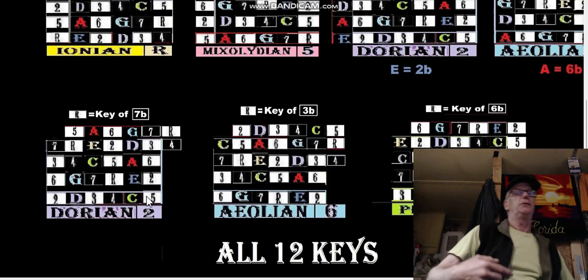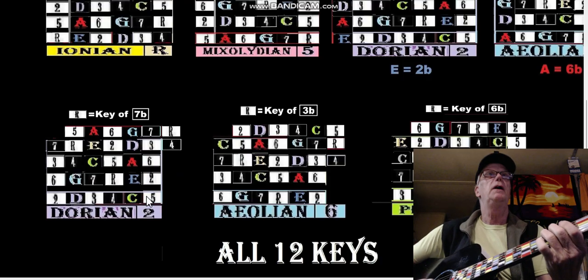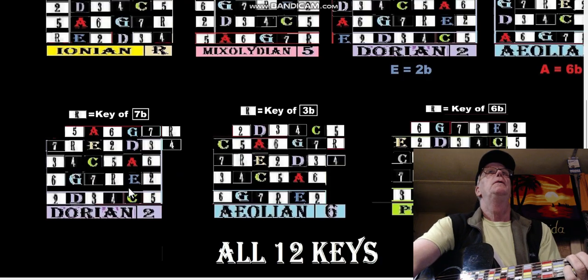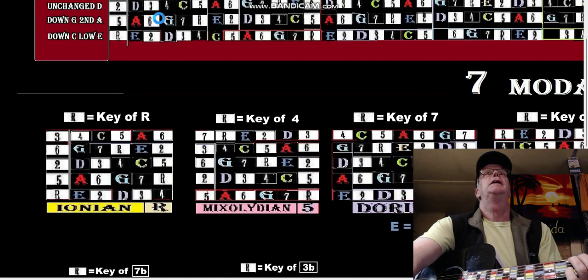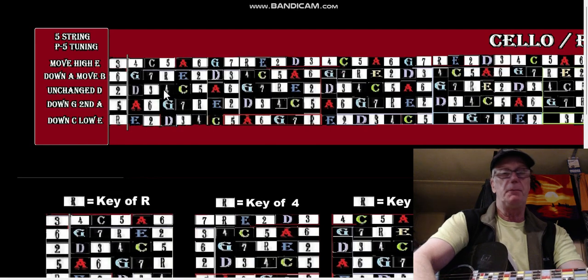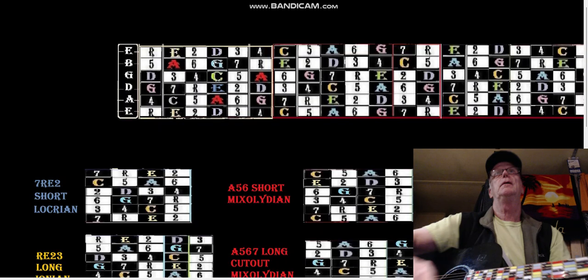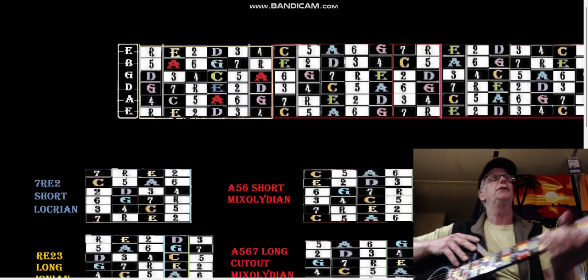Whereas on the regular guitar, we would go 2, 3, 4, next string up would be 3, 4, 5. We're going to need a guitar fretboard for this part of the discussion. So here's the guitar fretboard. Remember, this is regular guitar now.